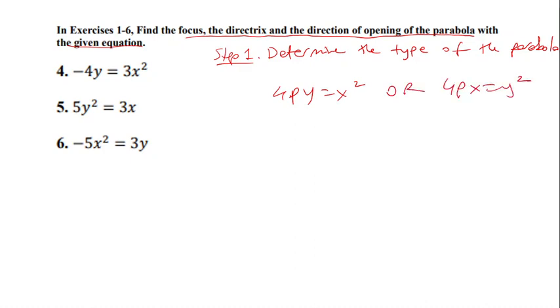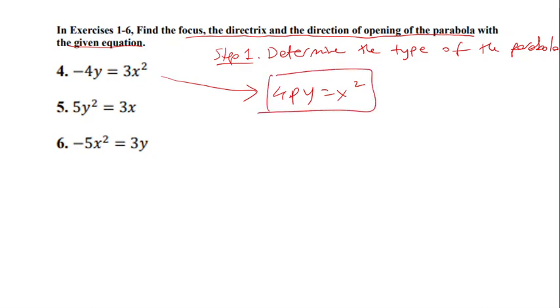And here, definitely this is fitting with the first one. Now when you match the values, you match this one with 4py equal to x squared. So you can tell 4p is equal to minus 4, and p is equal to minus 1.